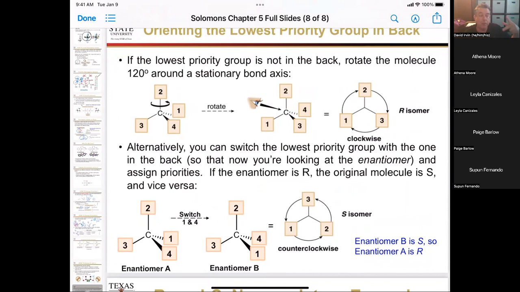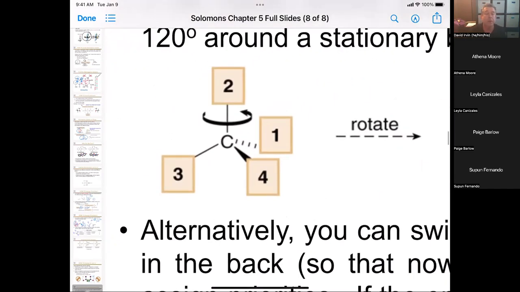So what I always do is I try to figure out the orientation by using my hand. You can use either hand for this. So in this top corner here, I'm going to orient my hand such that the wrist is always my lowest priority. So this is lowest priority. In the case of this molecule here, 4 is facing at us. 1 would be my middle finger, 2 would be my index finger, and 3 would be my thumb.